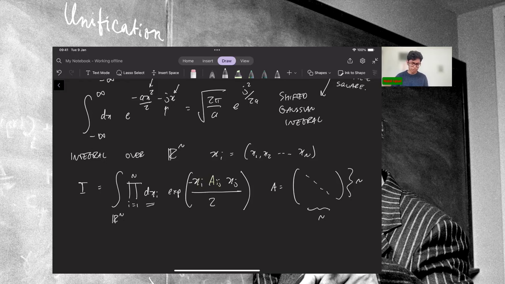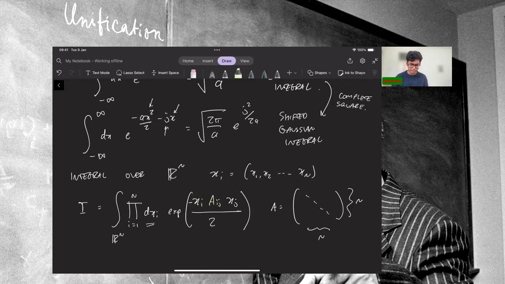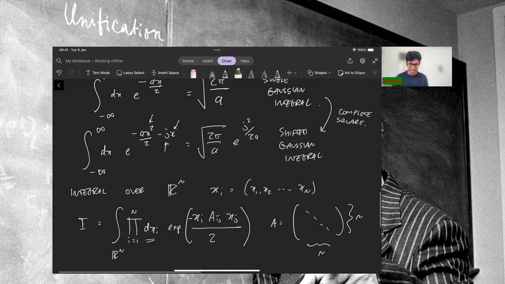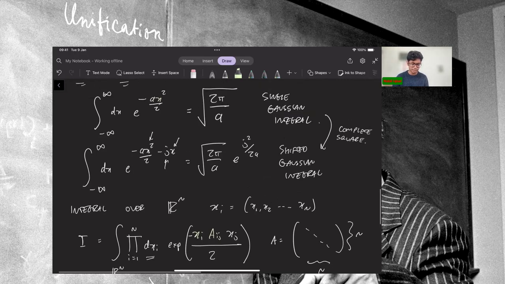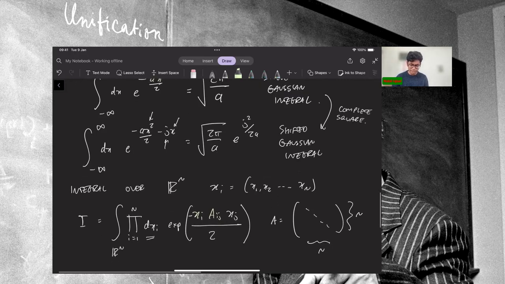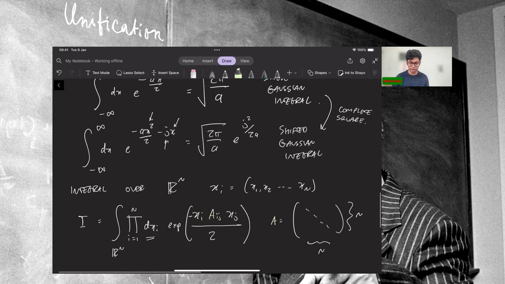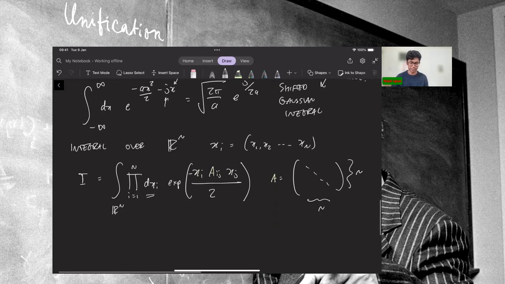Okay, so you see that this is the multi-dimensional generalization of this integral here, right? Here we have x_i A_ij x_j, and here we have minus a x squared. This is the multi-dimensional version of this. Instead of one little a, we have n squared small a's, a matrix worth. Okay, and now we have to do this integral. So have people done this integral in their lives before?